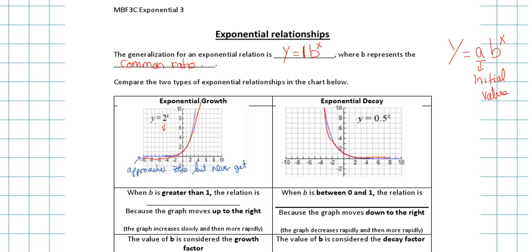If the base is between 0 and 1, okay, so 0.5, 0.25, 0.35, 0.75, 1 over 2, 1 over 6, any value between 0 and 1, then we're going to have an exponential decay. Do you understand the difference between the two?